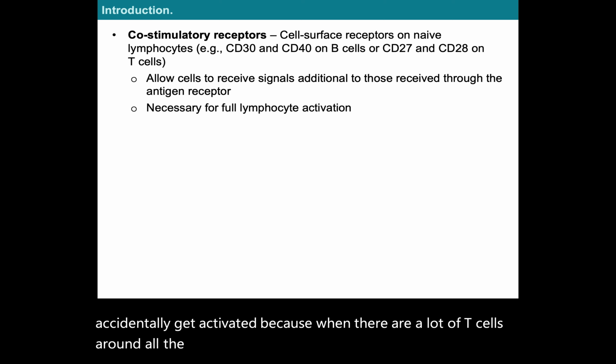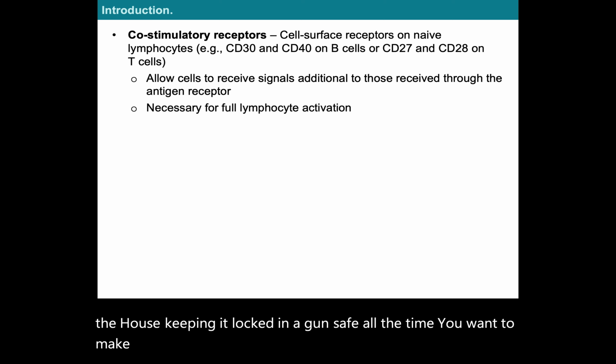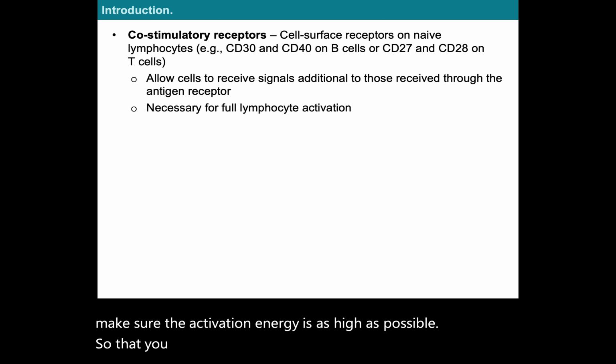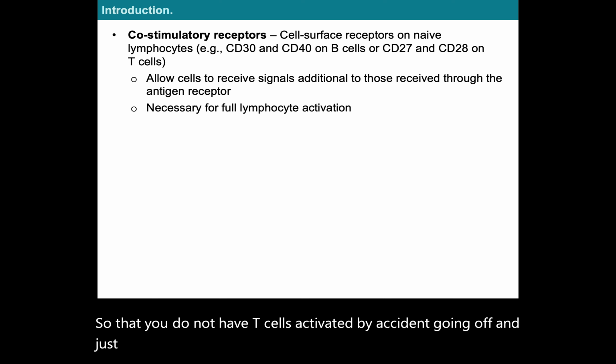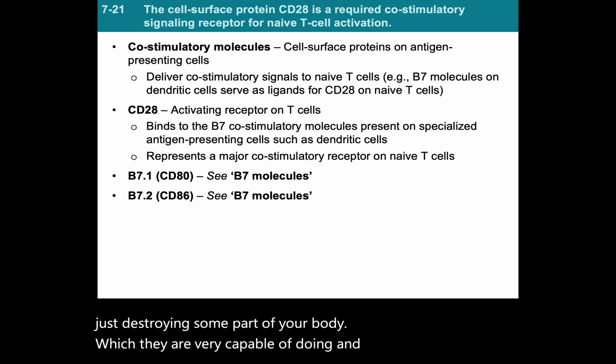It's the same logic as if you have a gun in the house, keeping it locked in a gun safe all the time. You want to make sure the activation energy is as high as possible so that you do not have T cells activated by accident, going off and just destroying some part of your body. Yeah. Which they are very capable of doing, and basically need to be restrained from.